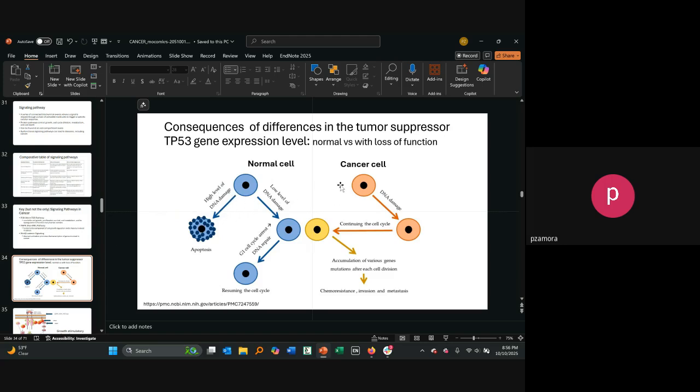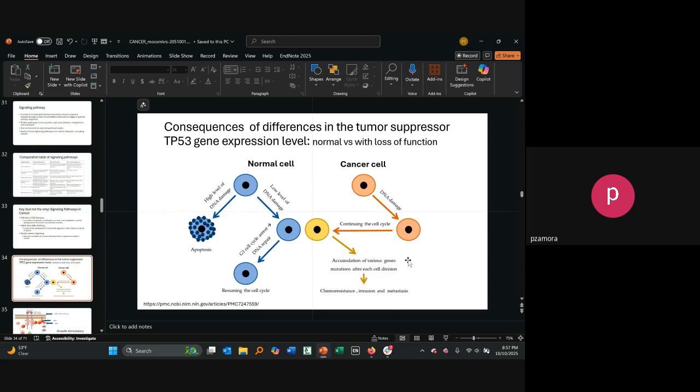On the other hand, in a cancer cell, if TP53 has a loss of function, you have persistent DNA damage. That persistent DNA damage is permissive of a continuing cell cycle and cell division, where you have an accumulation of various gene mutations after each and every individual cycle, leading to chemoresistance, invasion, and metastases.